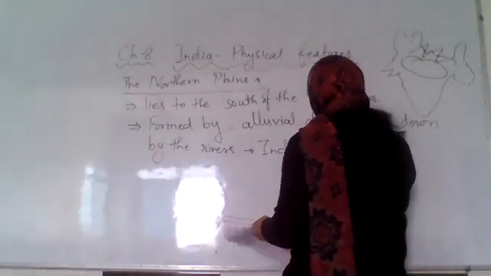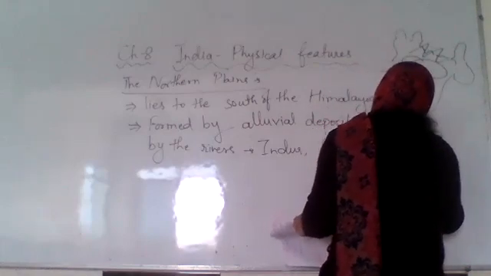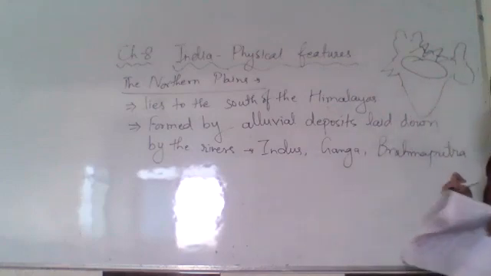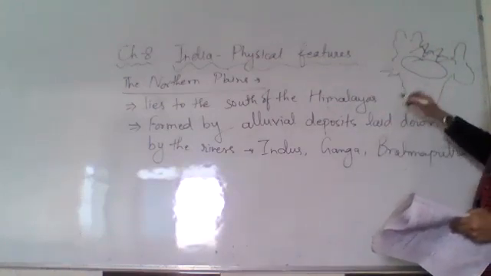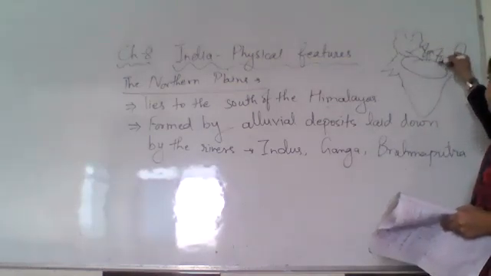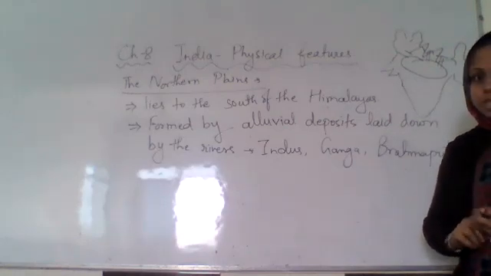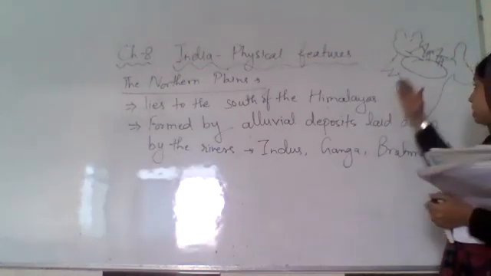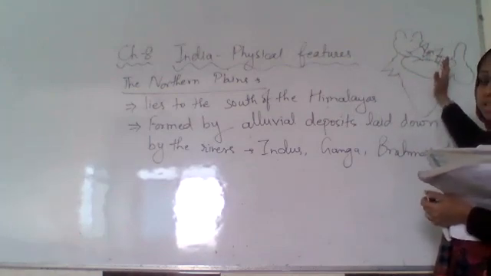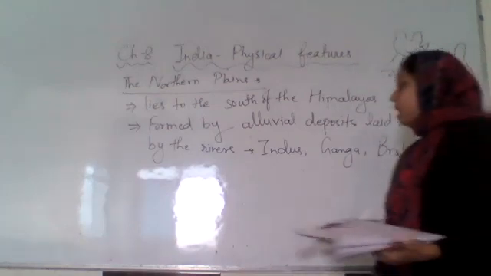Then you have Ganga and the Brahmaputra. When these rivers flow, these rivers bring alluvial deposit with them, and this alluvial deposit is deposited here in the northern plain, and this is how this northern plain is formed.